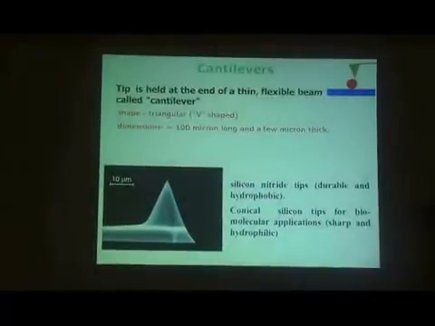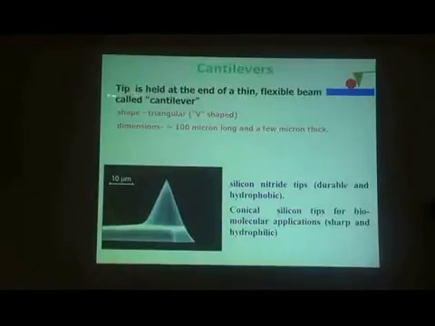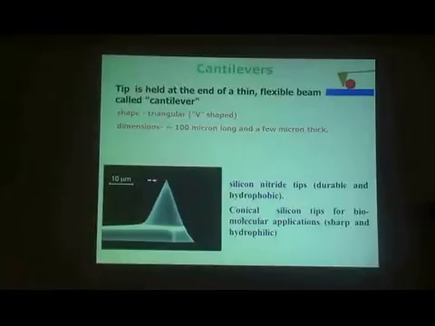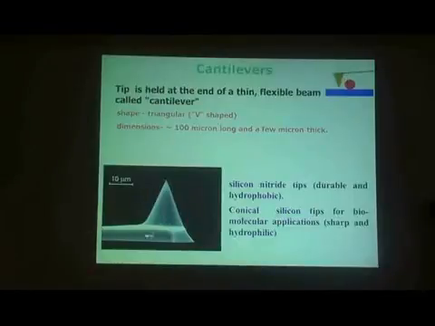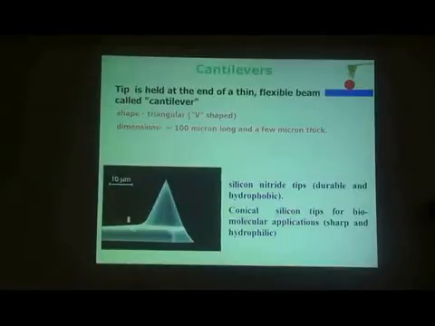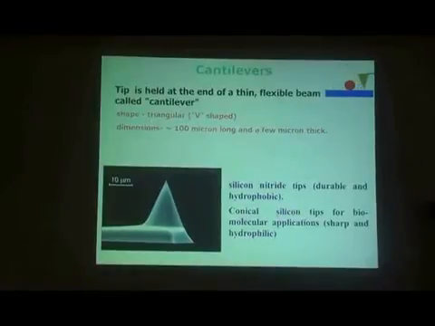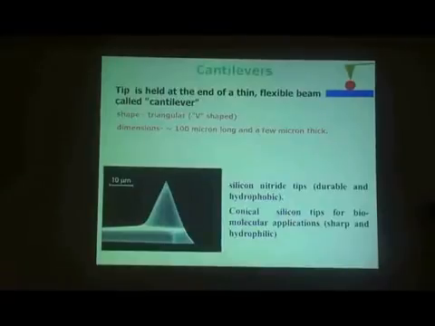Usually the tip is held at the end of a thin cantilever, and this is how AFM tips look. If you go and see in the optoelectronics lab, they can show you the tip, but you won't see it directly, you will see something protruding out. Basically it is a flexible beam called a cantilever, and at the end of the cantilever you have a triangular shape pointing up. Usually people use two different types of materials.